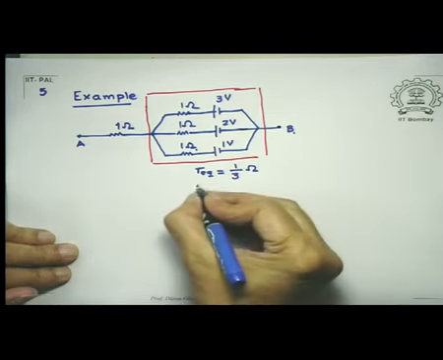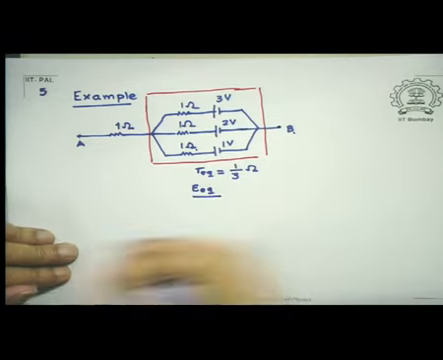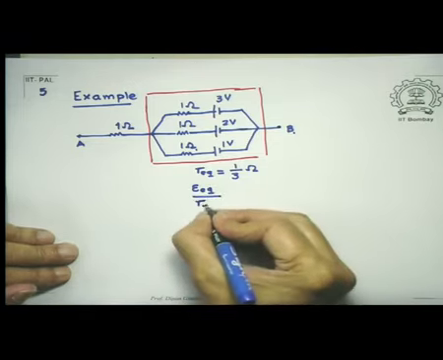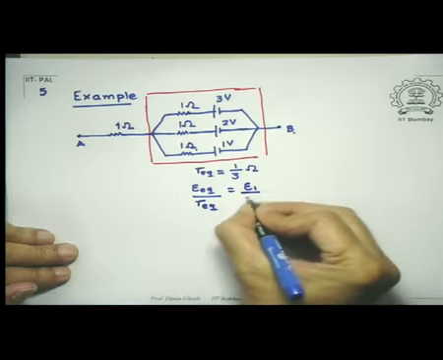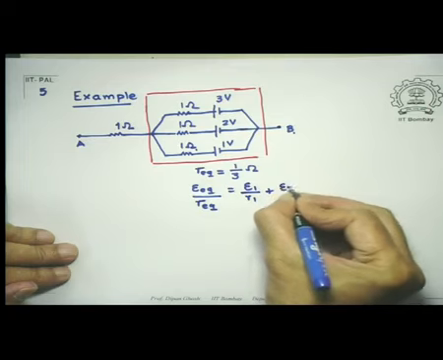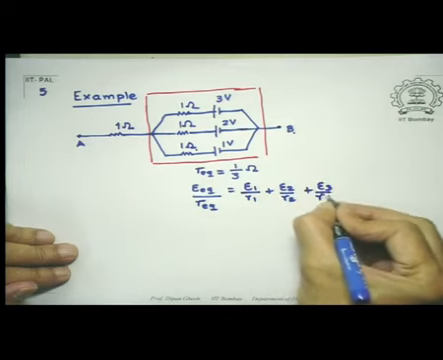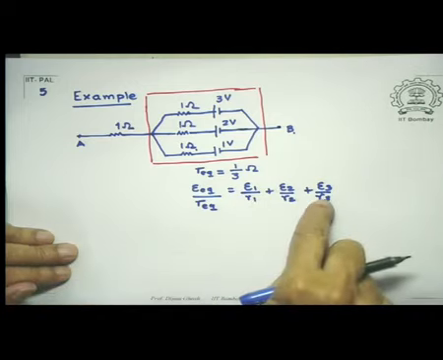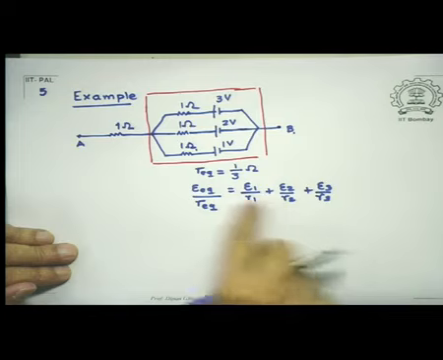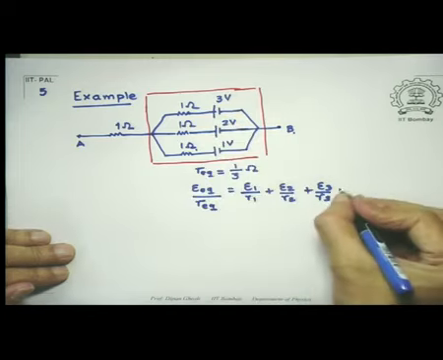And the equivalent voltage, EMF, is given by this formula, EEQ by REQ equal to E1 by R1 plus E2 by R2 plus E3 by R3. Now E1, R1, R2 and R3 are the same and each equal to 1. So this is nothing but just the sum of the 3 voltages, which is 6 volts.